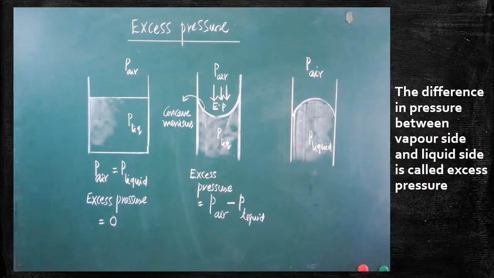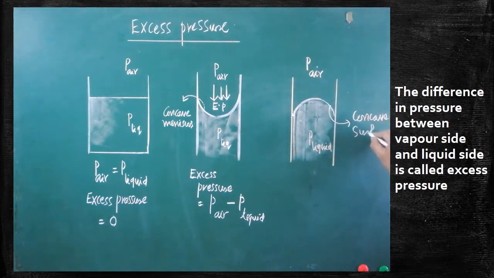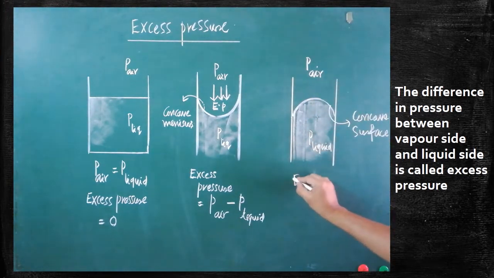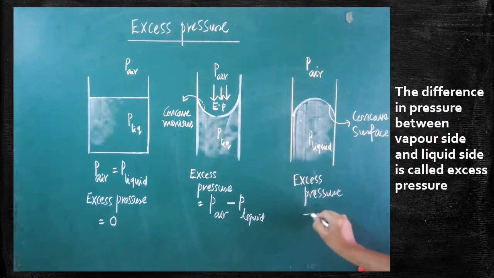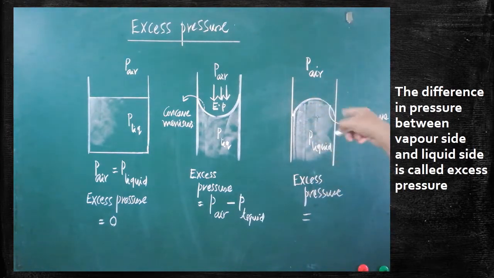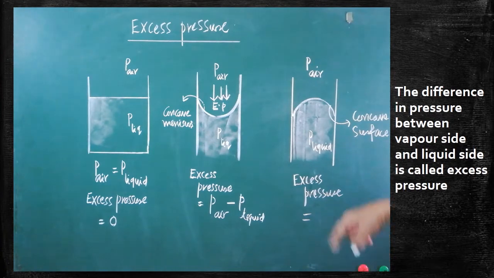Let's see the other one. In the case of mercury, is it clear? In this case, this is the concave surface. Here, how to calculate the excess pressure? Excess pressure is equal to, from the shape of the liquid surface, we can easily find out where the pressure is more.